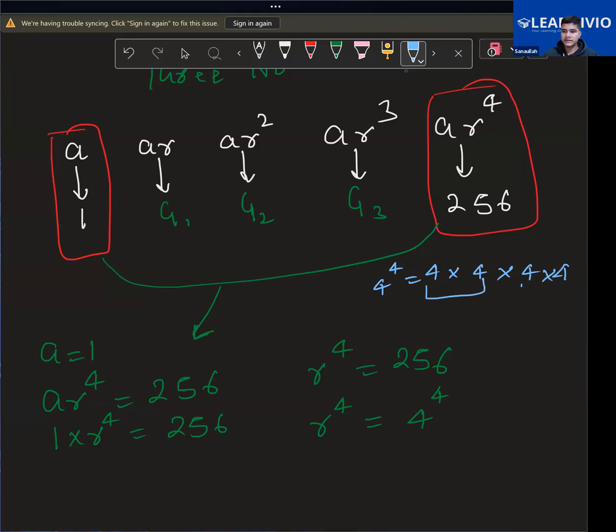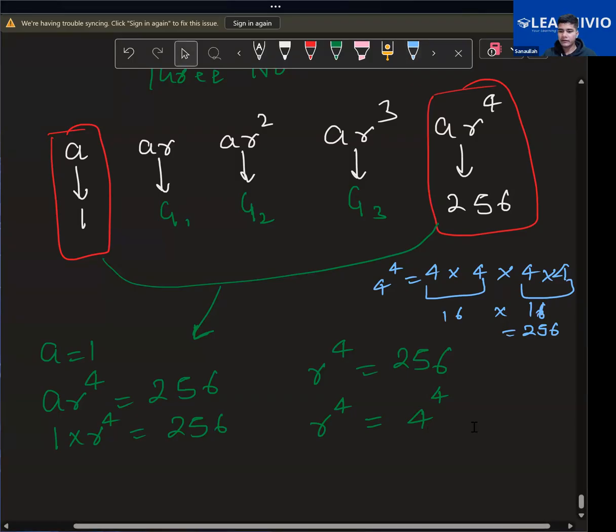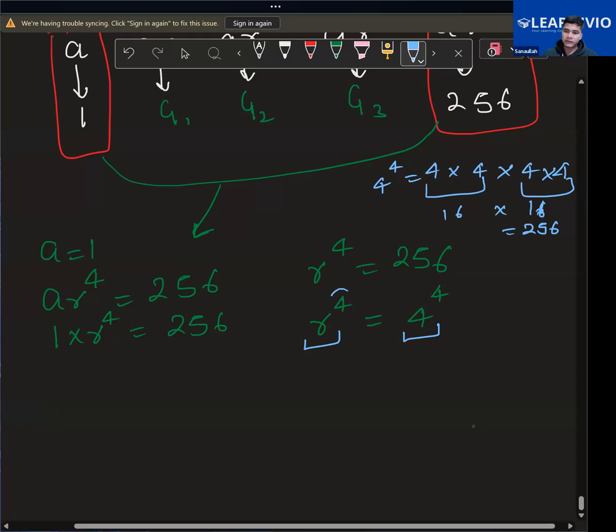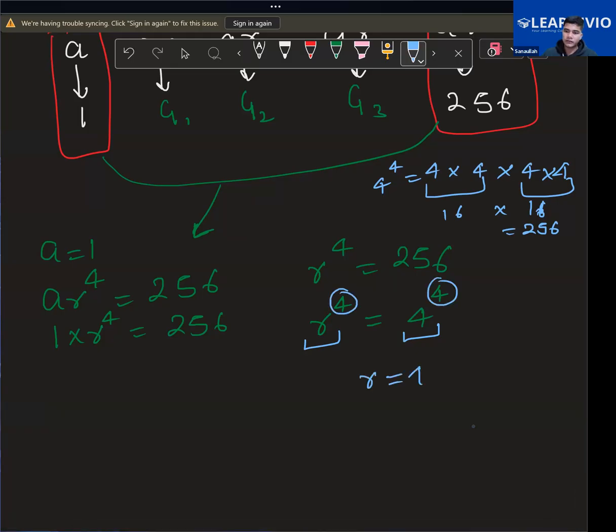This is 16. This is also 16. So 16 times 16 is 256. Understood? Now I told you a rule in the previous class that if powers are equal, then the base will also be equal. So I see here the power is 4 and 4. So power is equal, so r should be equal to 4.